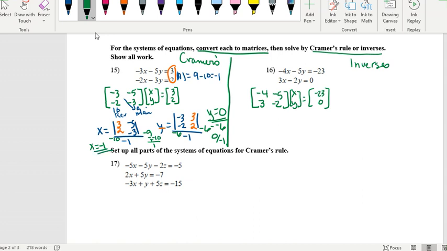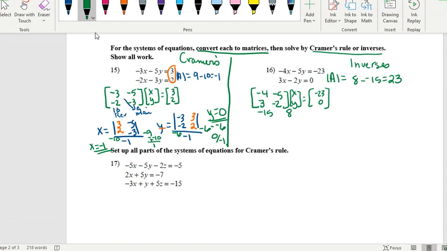And then number 16, I'm going to do this by inverses. So again, the first thing I do is find the determinant of A, which is 8, -15. So I'm going to have 8 minus a -15, which is a positive 23. Double checking my work.